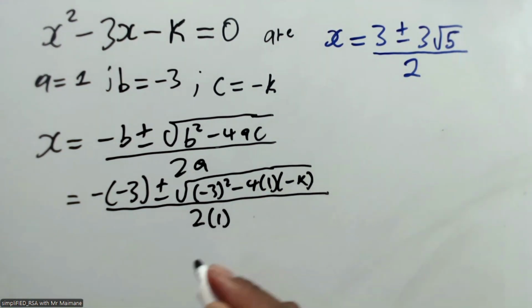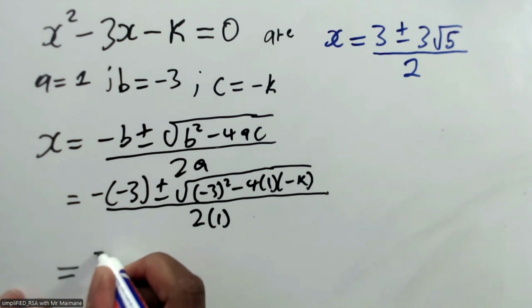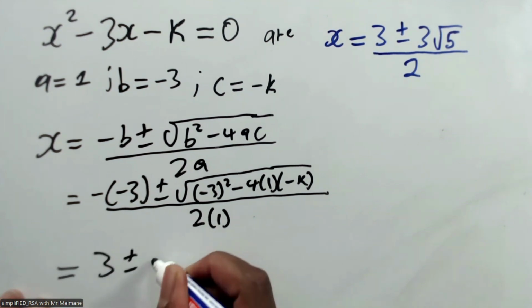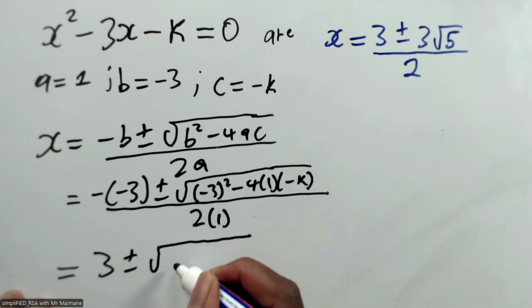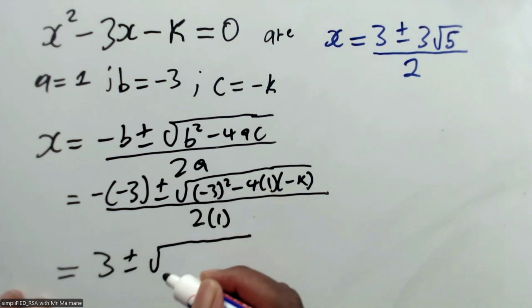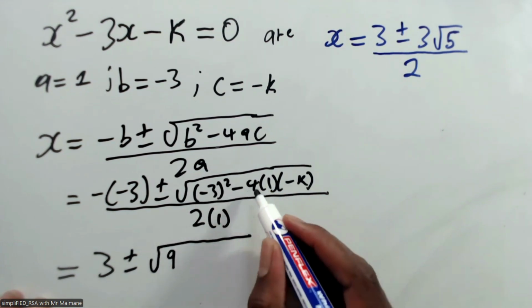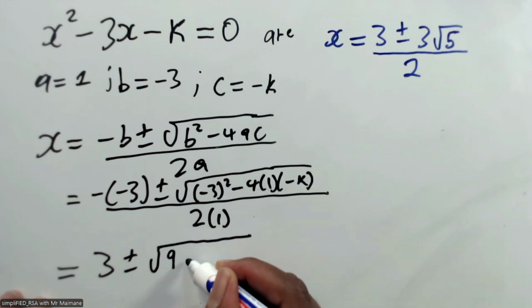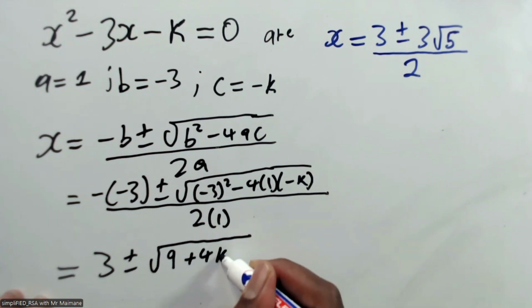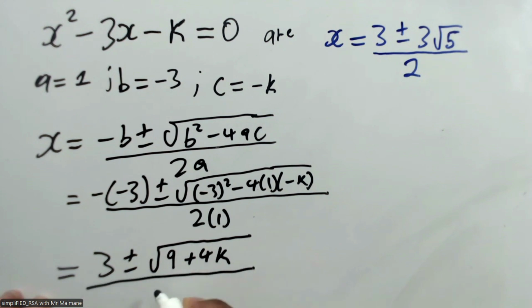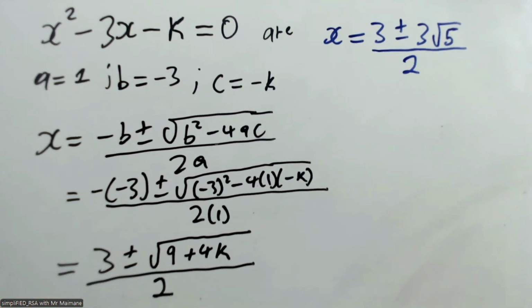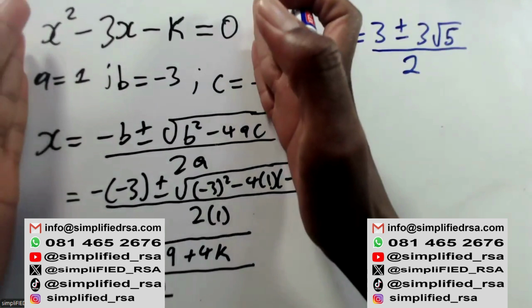If I quickly simplify this, I will have 3 plus or minus the square root of 9 plus 4k, over 2.